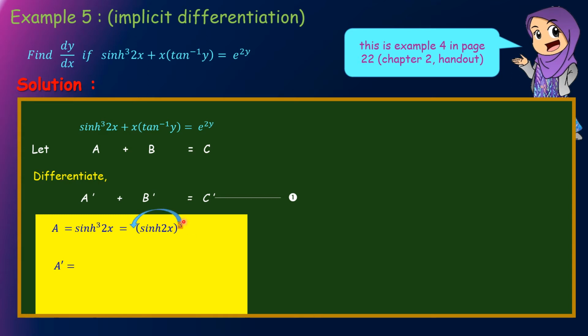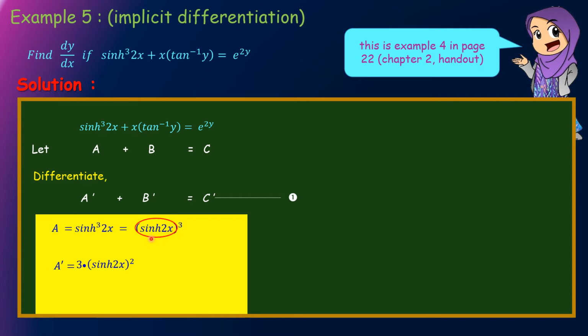We need to bring the power to the front, so we have 3 here from the power. And then we copy the bracket, and at the same time the power becomes 2 because the formula is power minus 1, which is 3 minus 1, so equals 2. And then we differentiate the bracket.